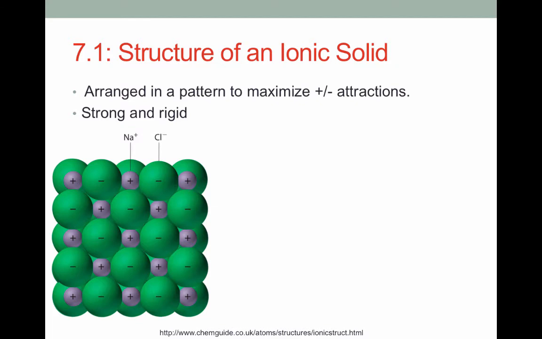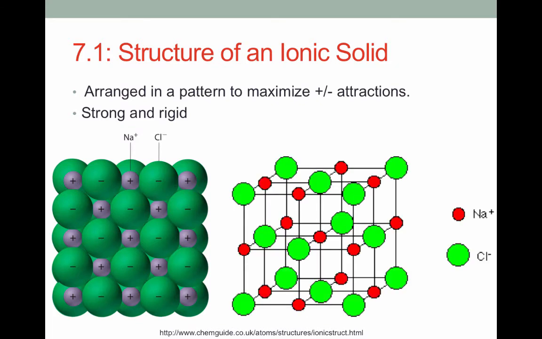Recall that this crystal that we've shown here will continue to get bigger and bigger as we add more ions. Therefore, we refer to the formula unit of NaCl, which is the smallest whole number ratio of ions to each other in this compound. Ionic compounds are very strong and very rigid. Due to this large number of very strong positive-negative attractions, the ions are held very tightly together.